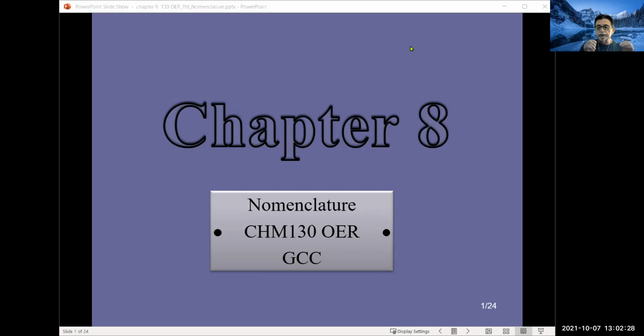Now, when it comes to naming, put this in long-term memory. When it comes to nomenclature, naming compounds, ionic compounds do not have prefixes like di, tri, tetra, etc. Whereas covalent compounds do. And so that's why you've got to go back and figure out who's ionic and who's covalent.